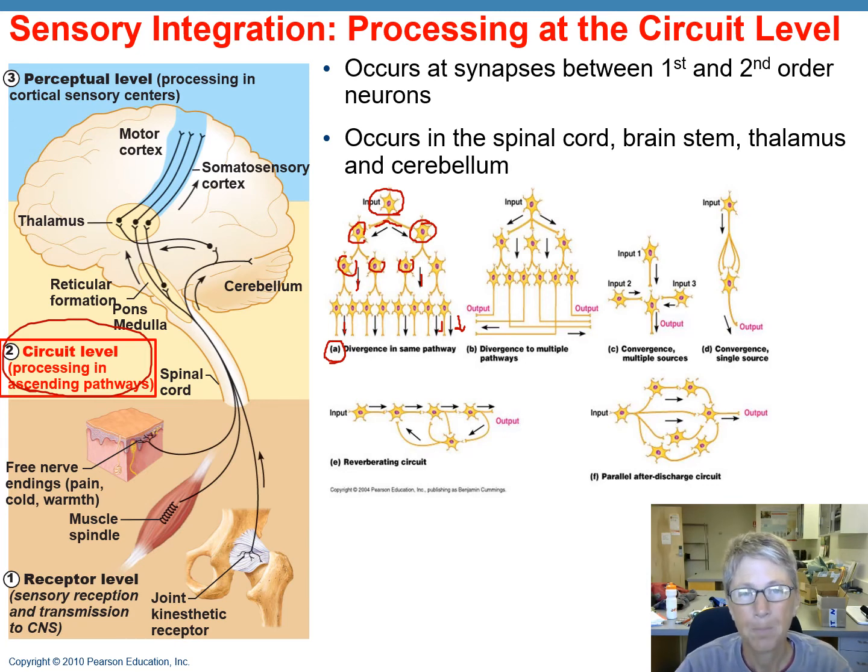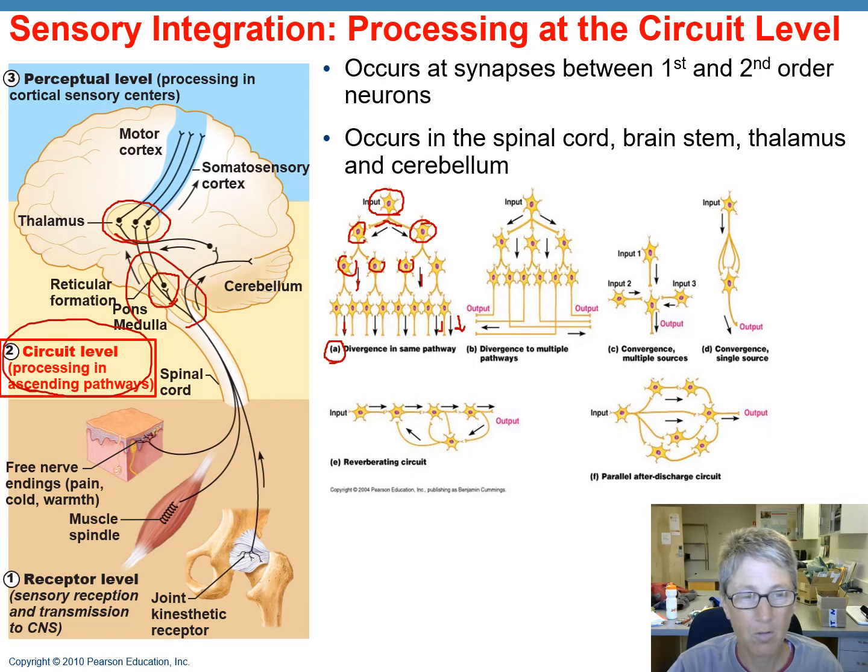But at the circuit level, that occurs at synapses between the first and second order neurons. So here's a synapse between a first and a second order neuron. Here's a synapse between a first and a second order neuron in the thalamus. And this circuit level processing occurs in the spinal cord, the brain stem.